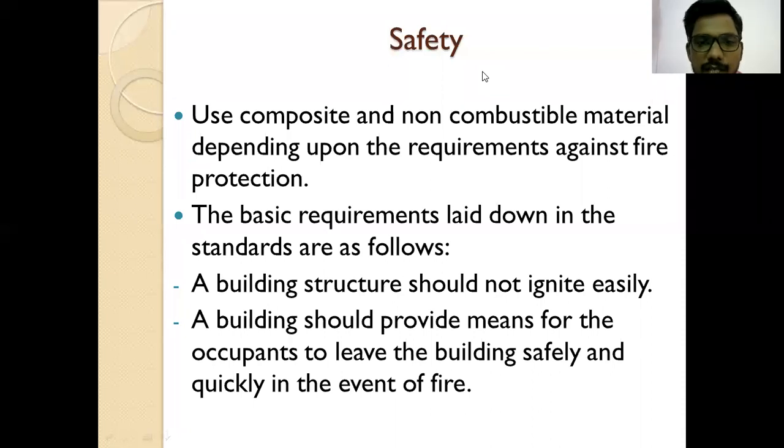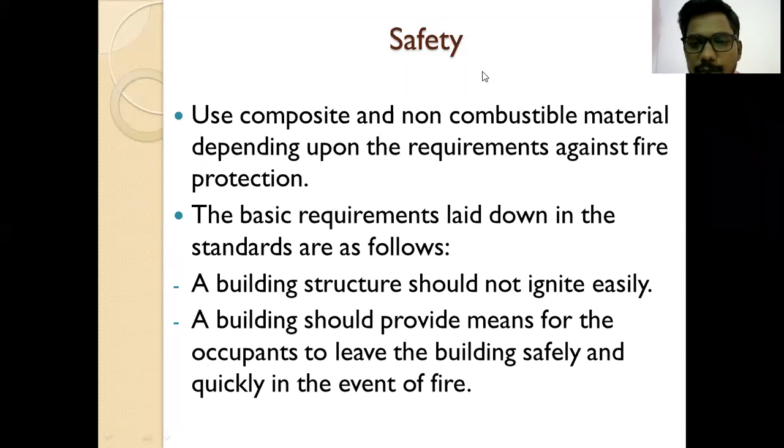Generally we have to use composite material for the construction of the building, and that material should be non-combustible. As per the requirements, we have to go for the fire protection system and all those things.